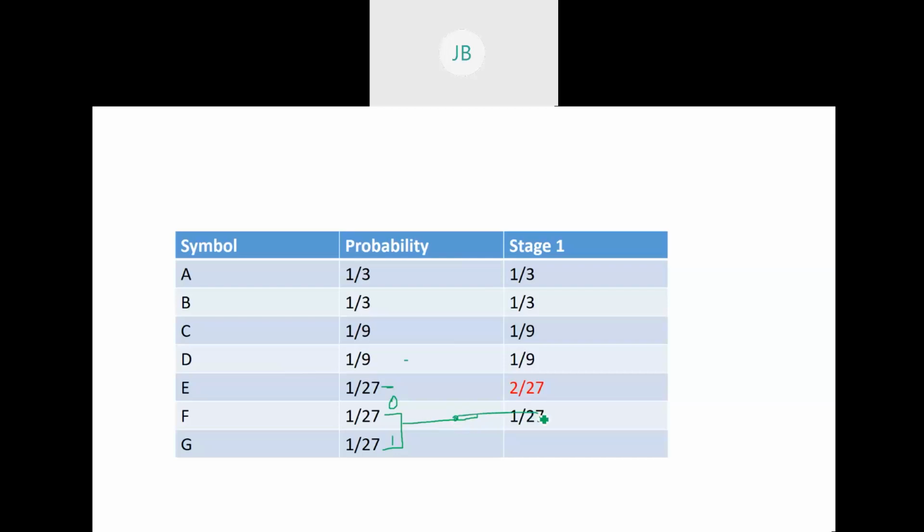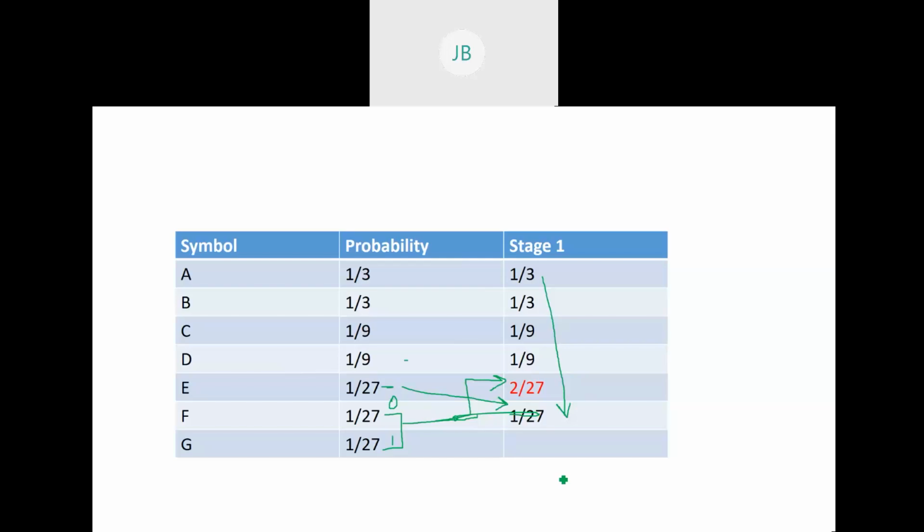When we sort, this 1 by 27 will come here, and this 2 by 27 will go here. So this is a sorted list. Then we go to the next step.